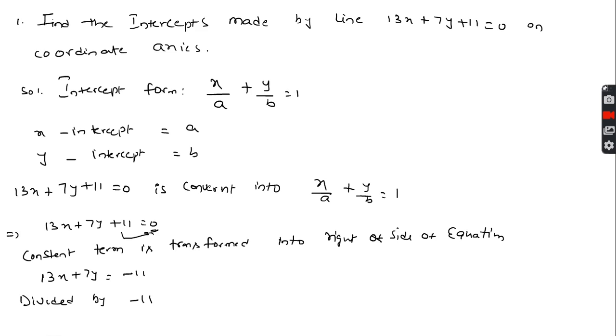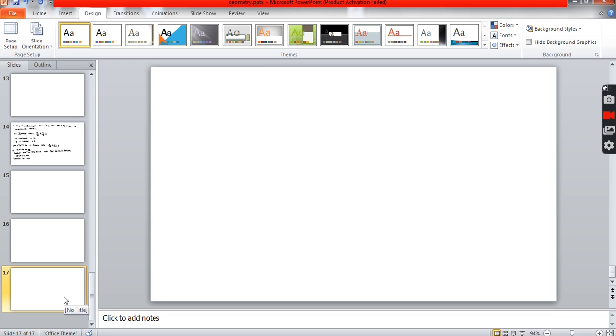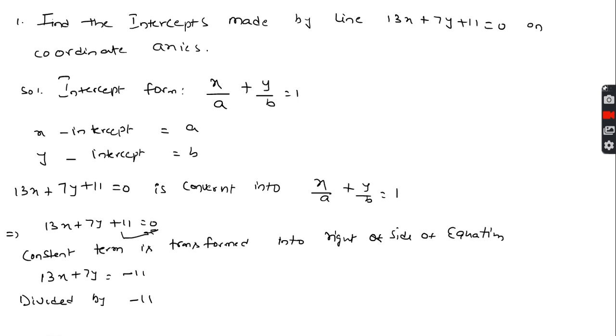Therefore we get that 13x plus 7y divided by minus 11 is equal to minus 11 by minus 11.